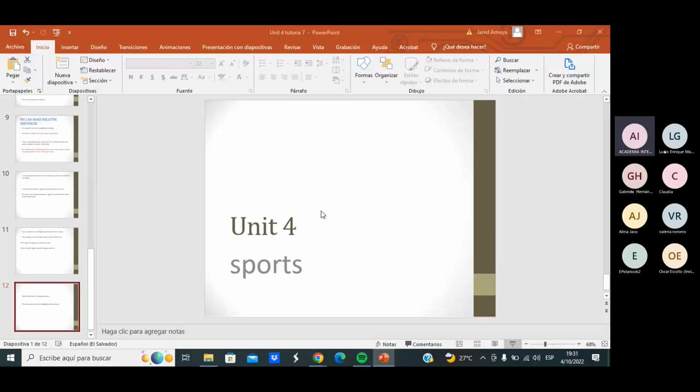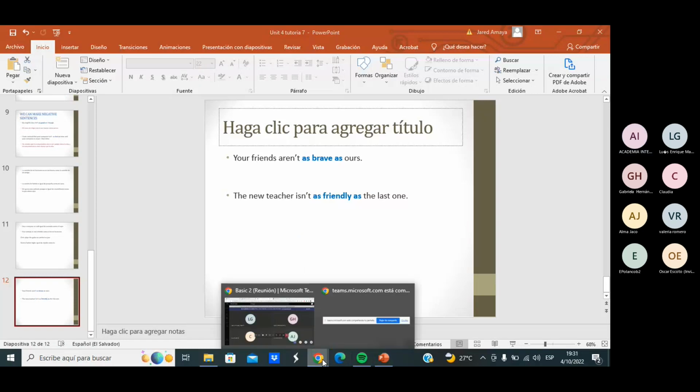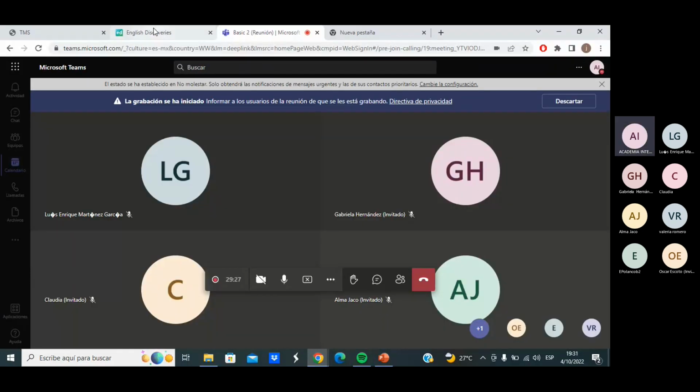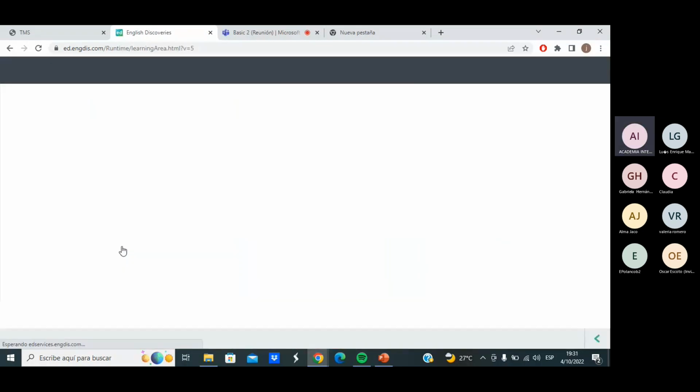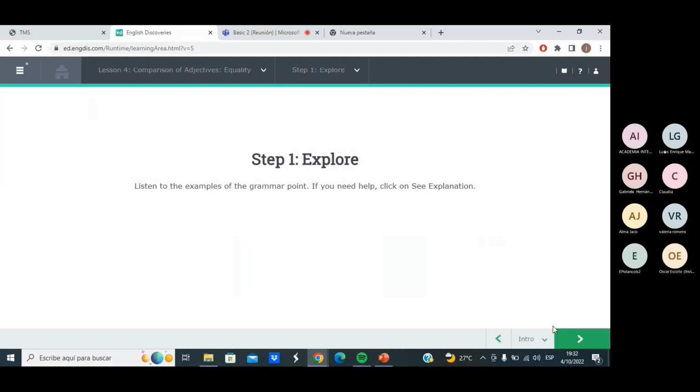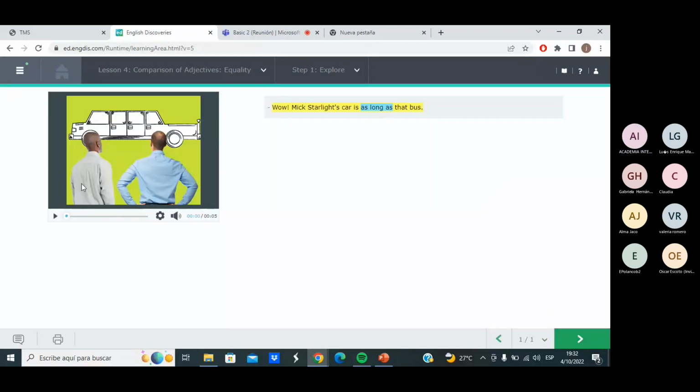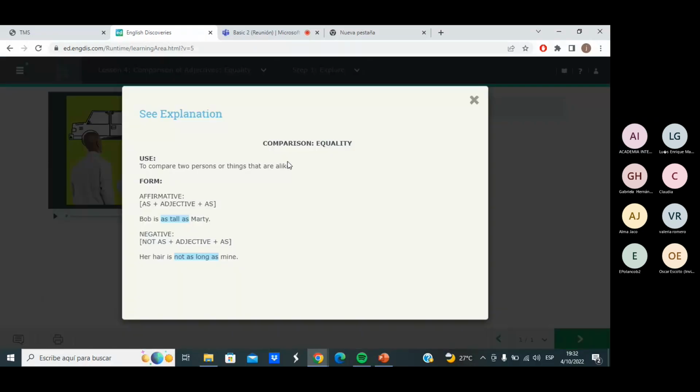So we are going to see a little bit the exercise that we have here on the platform. We're going to take a look. Wow, Mick Starlight's car is as long as that bus. Comparison equality. To compare two persons or things that are alike.